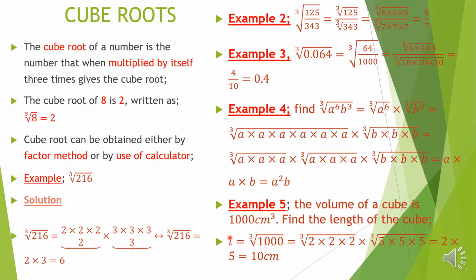To get the length, we look for the cube root of the volume, 1,000. We can write 1,000 as factors of 2 and 5, which means 2 power 3 and 5 power 3 give us 1,000. We group them into 3 and take one number from each group: 2 from 2 by 2 by 2, and 5 from 5 by 5 by 5, which gives 2 by 5, which is 10.